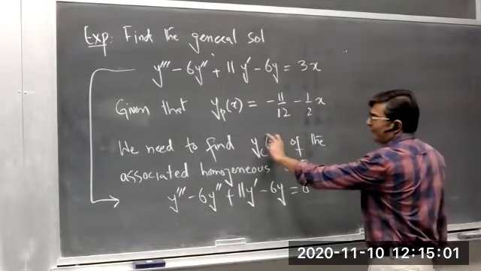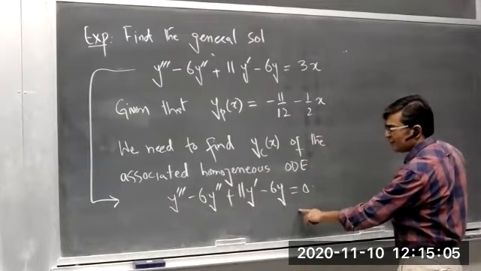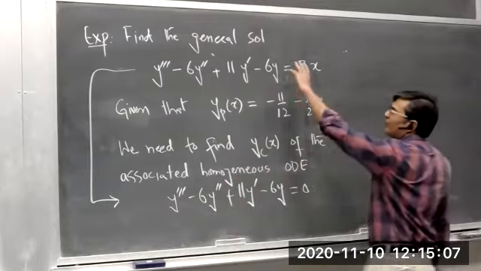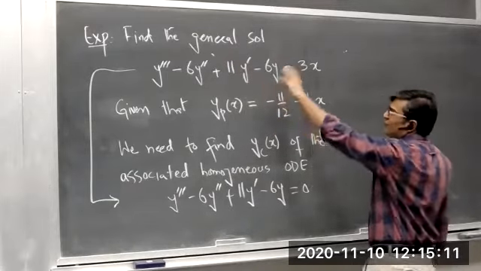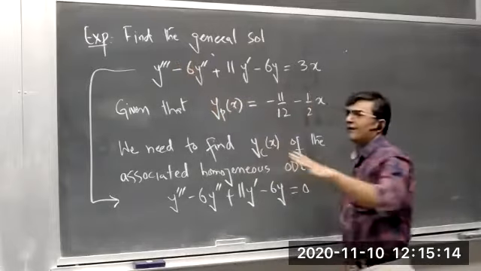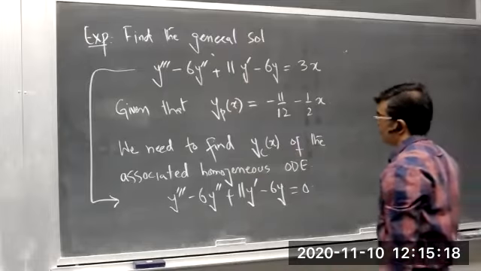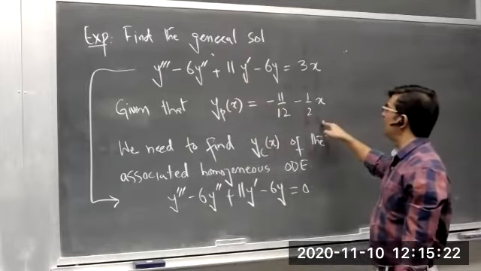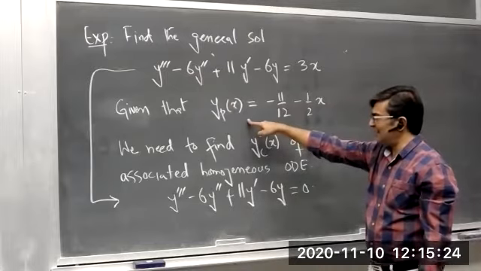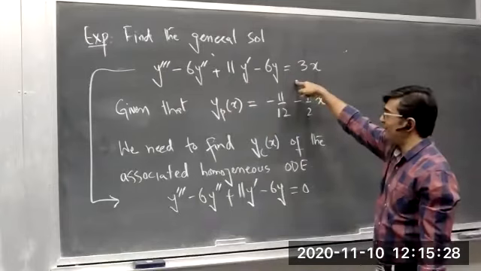Now, we need to find yc of this associated homogeneous differential equation, and then we can find the general solution of this differential equation because yp is given. The general solution is the sum of the particular integral and the complementary solution. This is a particular solution because this function satisfies this differential equation. You can verify it.